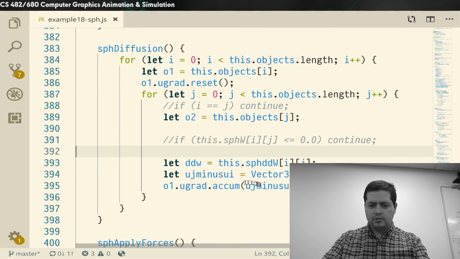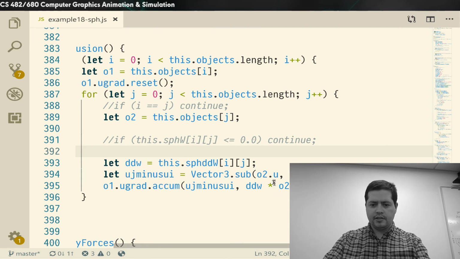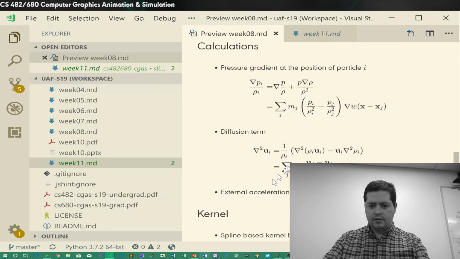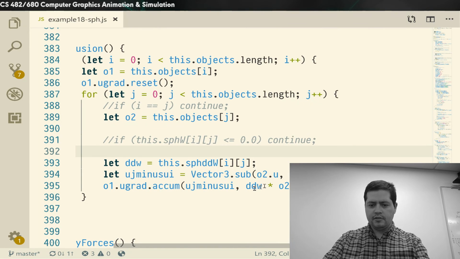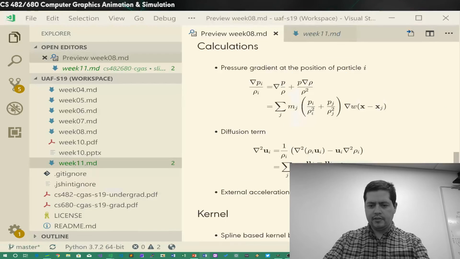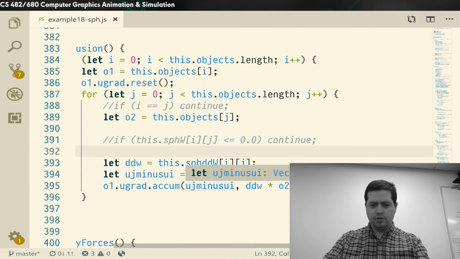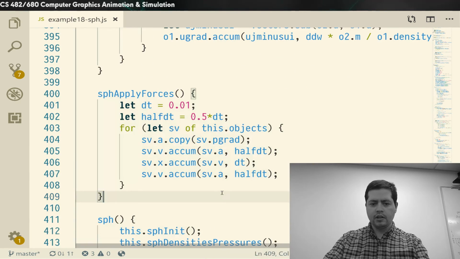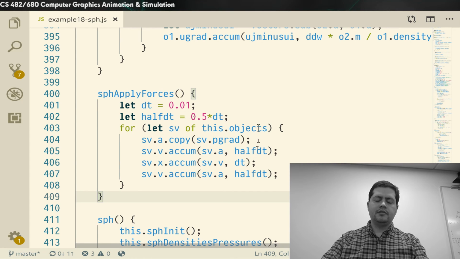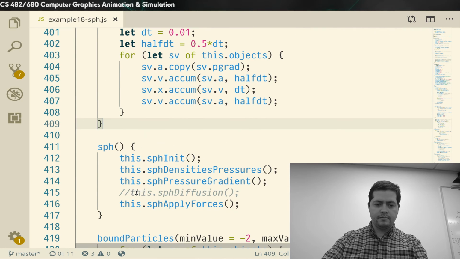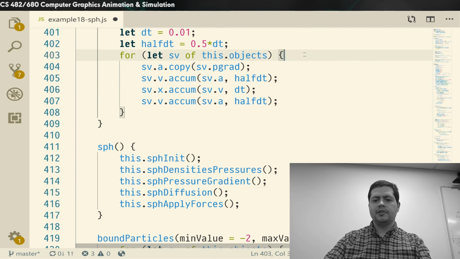Okay, so I have uj minus ui ddw, so mass of j divided by the density for i times uj minus ui and ddw. So I think theoretically U grad should already be done. Well, let's just see what happens.